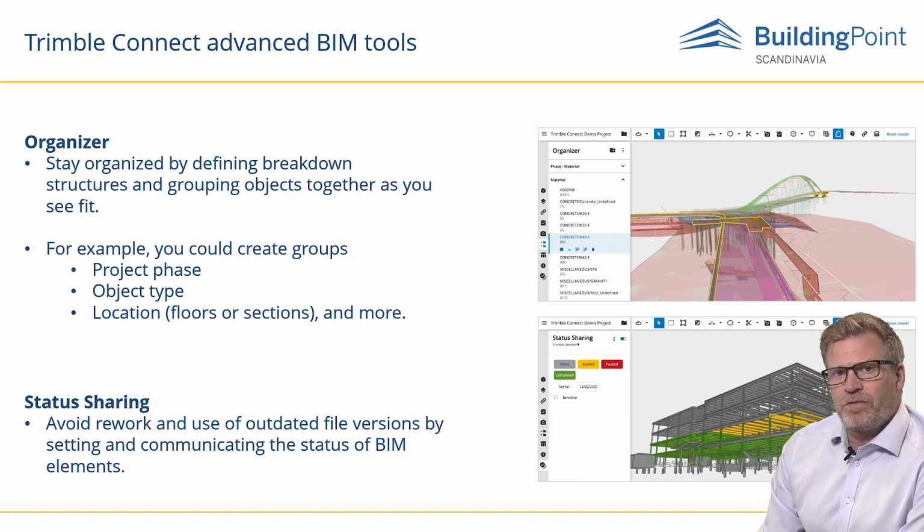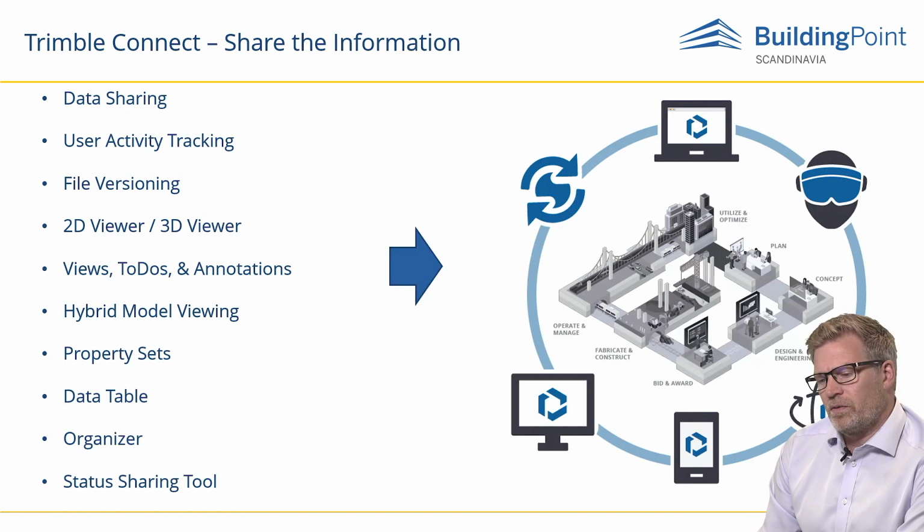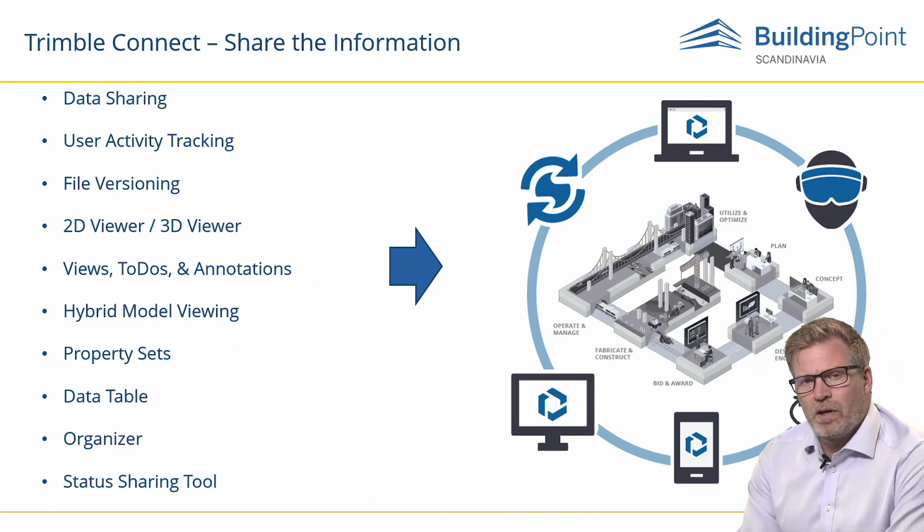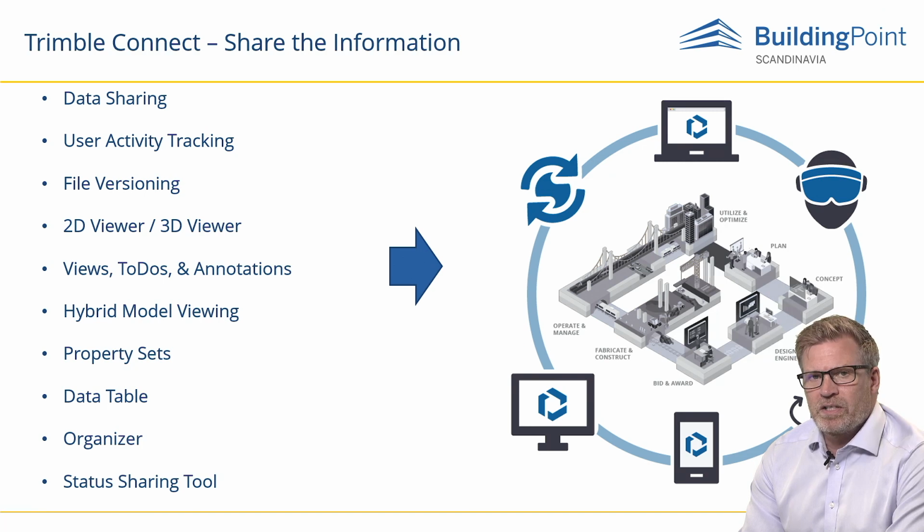Trimble Connect is a platform and cloud-based, so you can connect other tools within this platform. Trimble Connect is available on laptop, iPhone and tablet and stuff like that. We mainly use the browser version of Trimble Connect because that is the same view on every tool that you have.